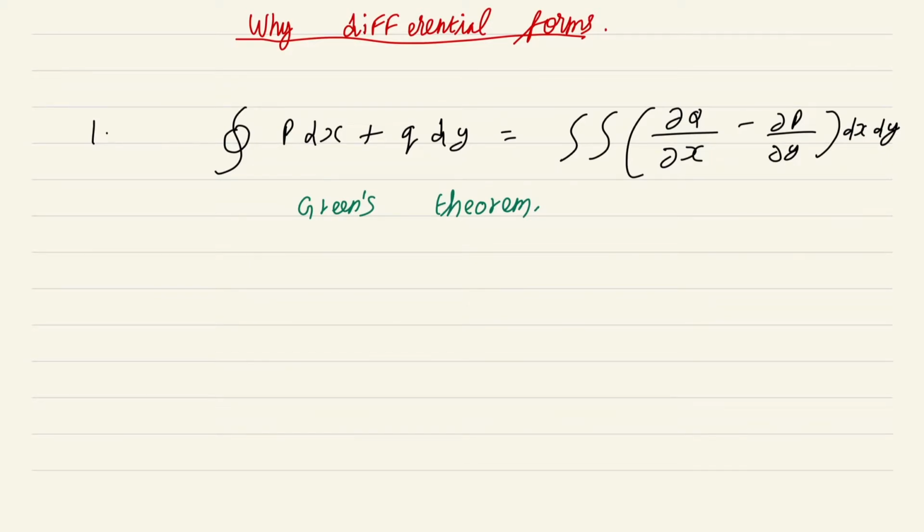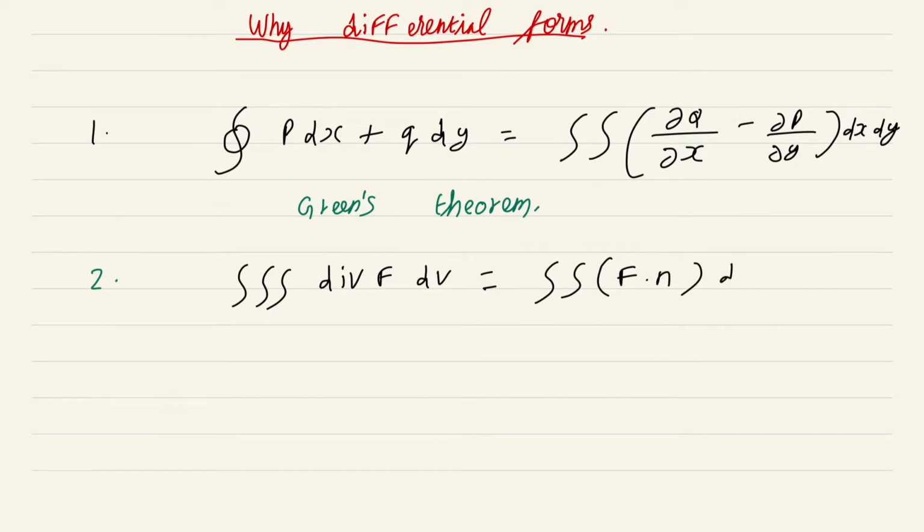The second theorem which I am going to state is the divergence theorem. This triple integral of the divergence of a vector field, F is a vector field here, is nothing but the double integral of that vector field dot the normal vector, and this is taken across a surface.